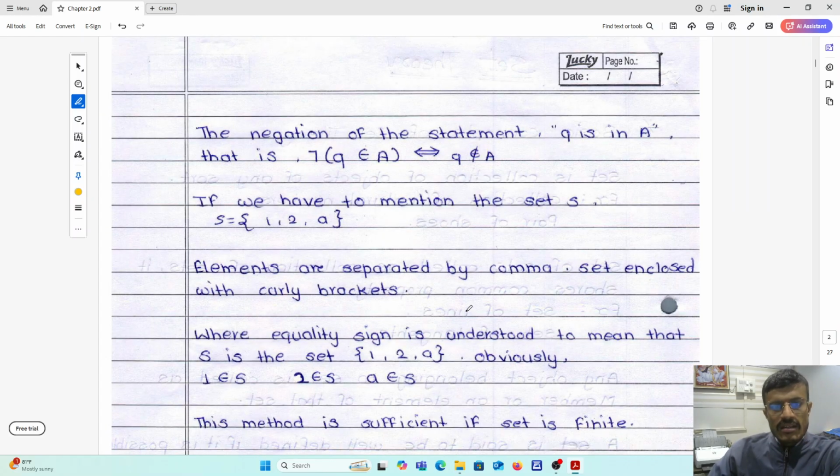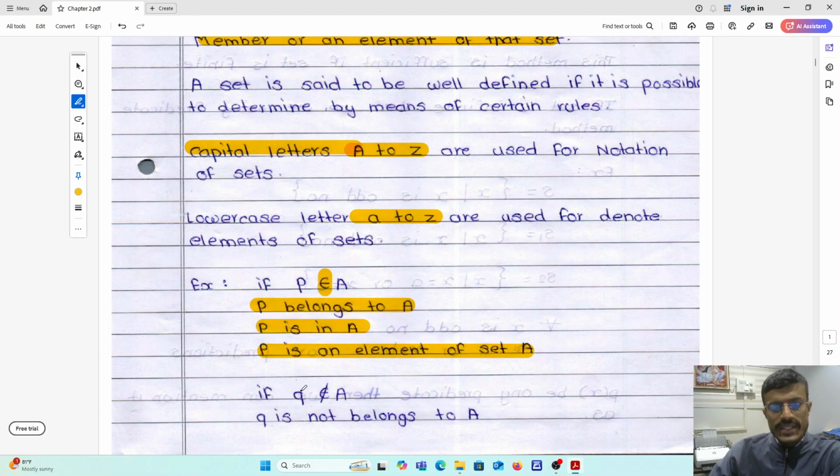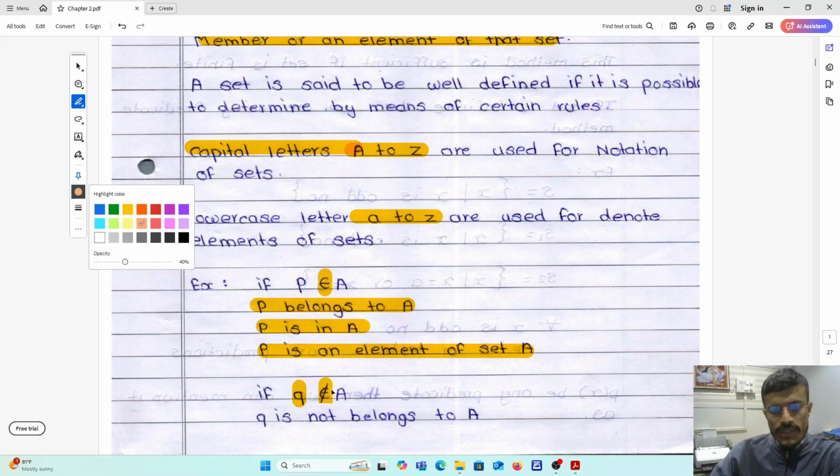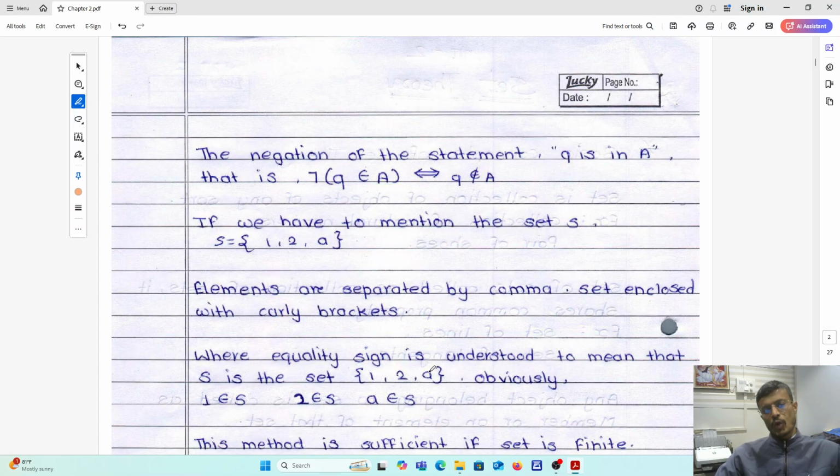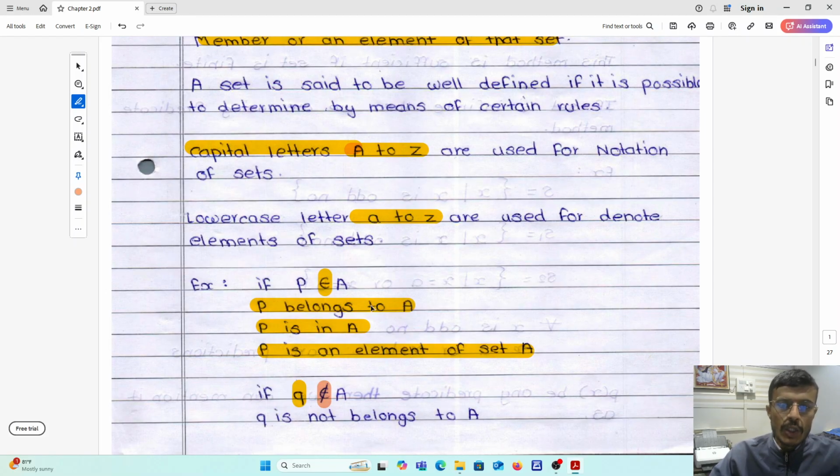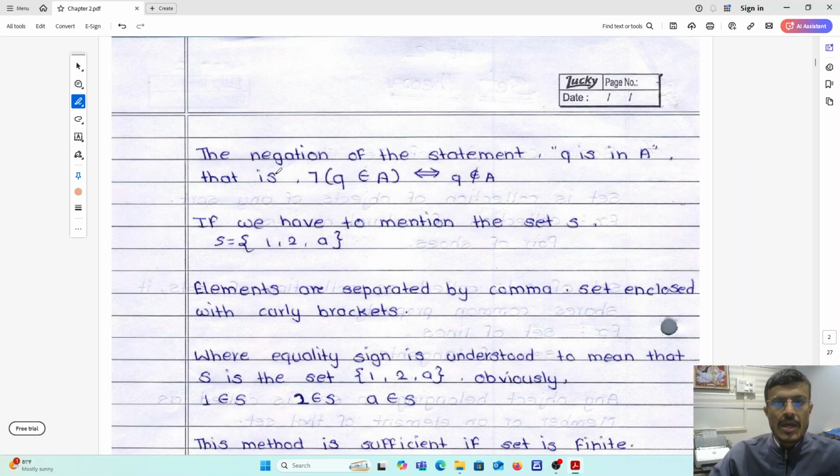Then again, consider if q is an element which is not present in the given set A, then it is written as q does not belong to A. That is the symbol for not belongs to. So these are the belongs to and not belongs to symbols for a set.